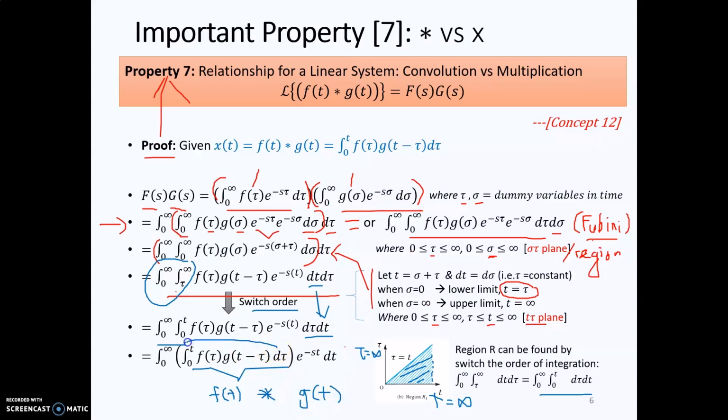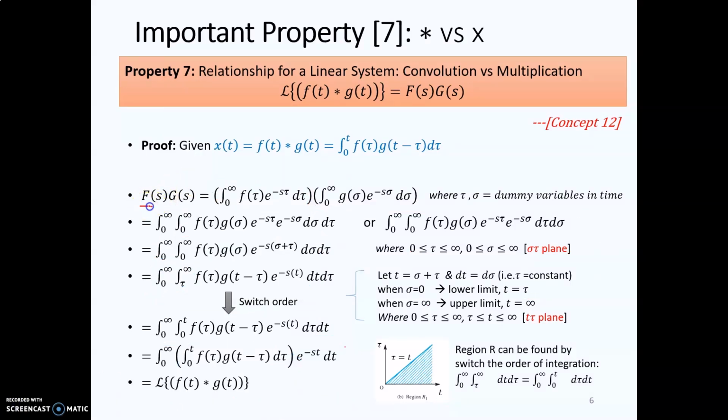And also, this is the function for the Laplace transform, and this equation is the Laplace definition. So therefore, this can be equal to the Laplace transform for f(t) convolved with g(t). So you obtain the proof: F(s) multiplied with G(s) is equal to the Laplace transform for f(t) convolved with g(t).